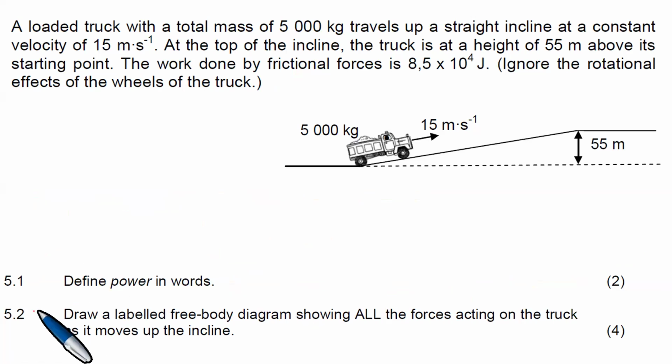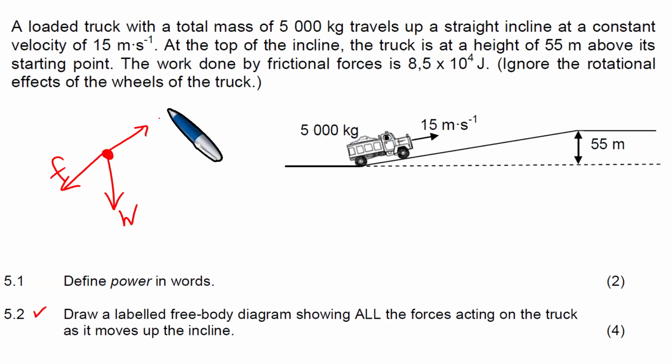In the next question, now we need to draw a labeled free body diagram showing all the forces acting on the truck as it moves up the incline. As it moves up the incline, there are a couple of things you need to take into account. It has the weight, which is straight down. There's friction that opposes the motion. The applied force by the engine of the truck to keep the truck going.